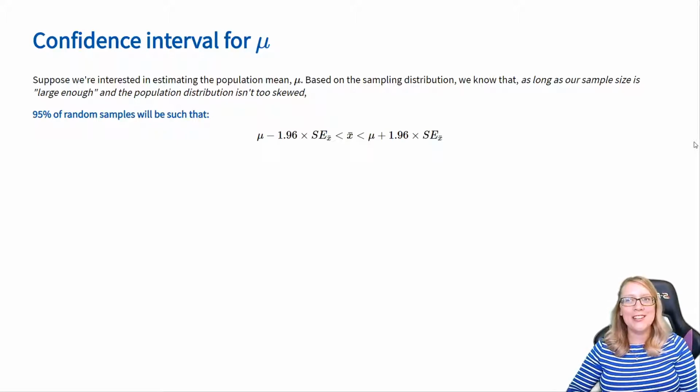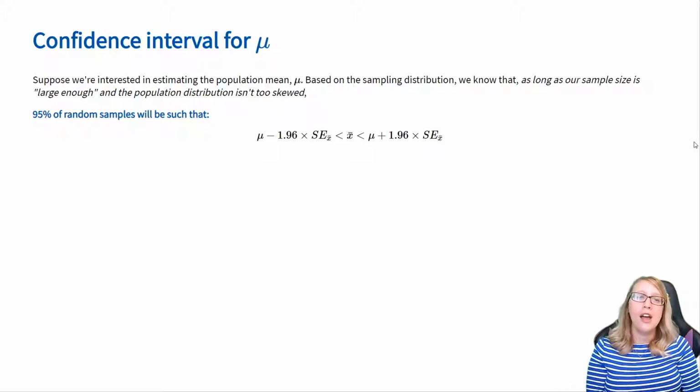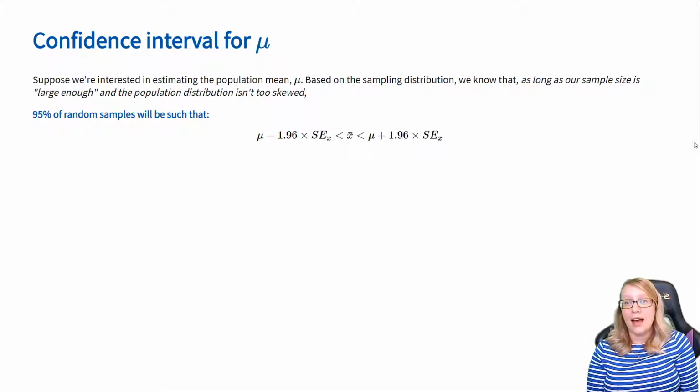Suppose we're interested in estimating the population mean mu. Based on this sampling distribution, we know that as long as our sample size is large enough and our population distribution isn't too skewed, 95% of the time our random samples will be such that if we take the mean and subtract 1.96 times the standard error, and take the mean and add 1.96 times the standard error, we capture the sample statistic.